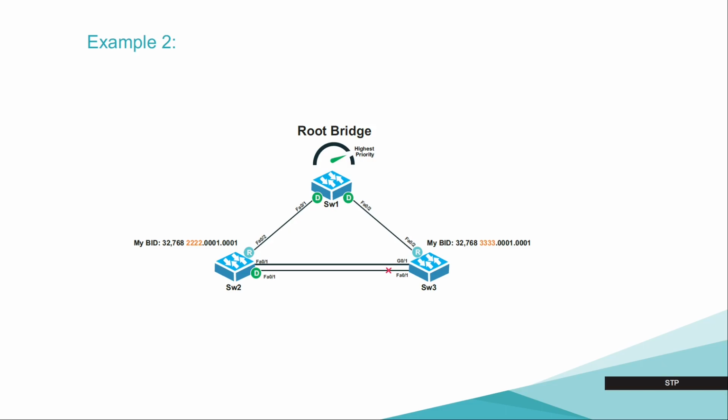The next step is to plug the second port in order to prevent loops in our network. So here we have a question. Will interface G0/1 have a lower path cost than interface FastEthernet 0/1?